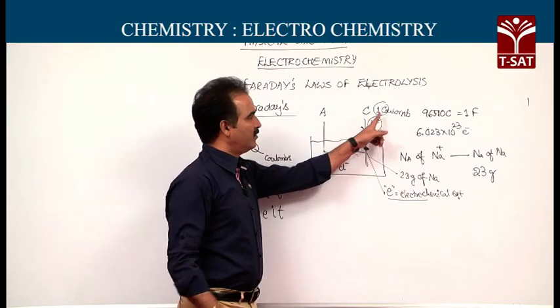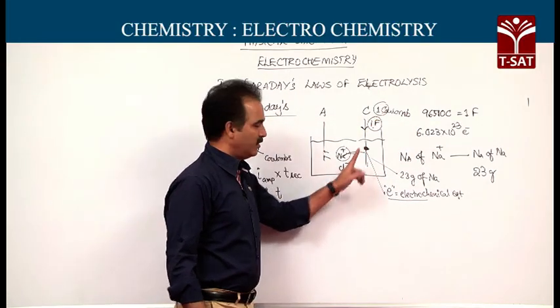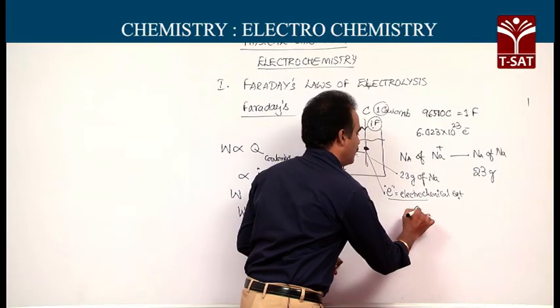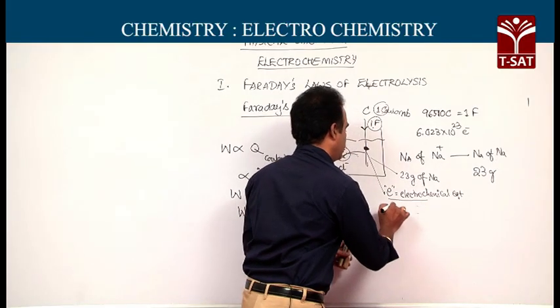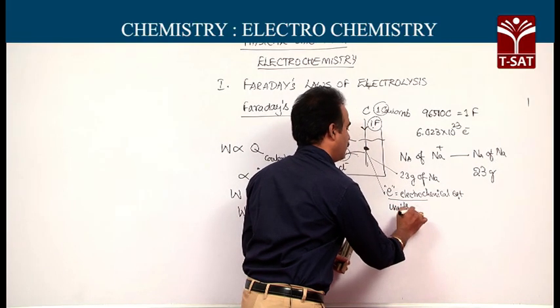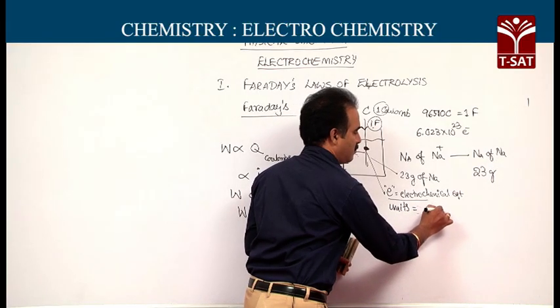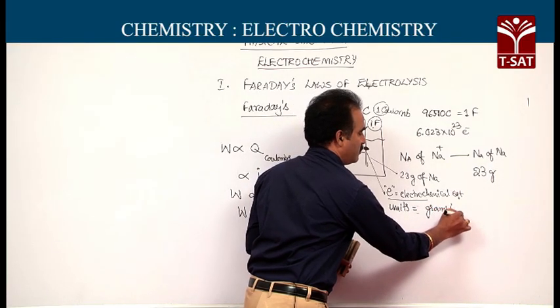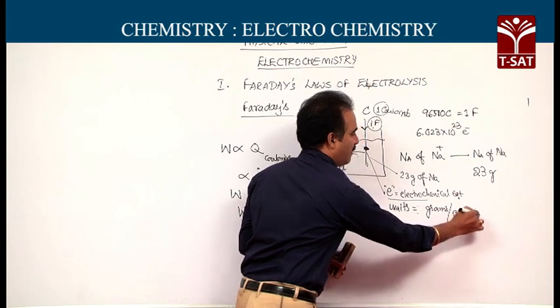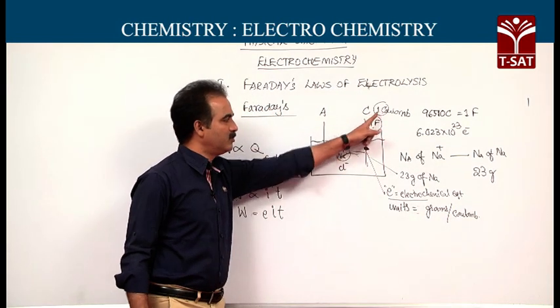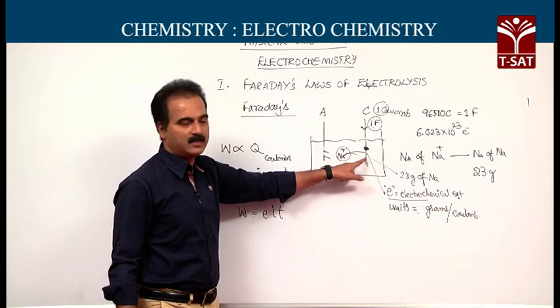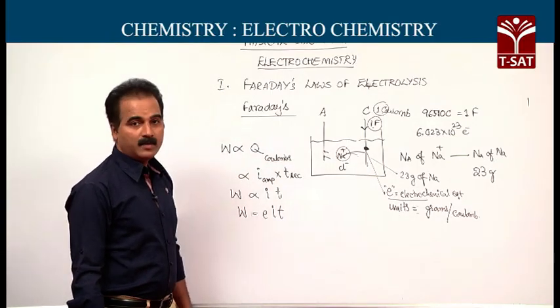Its units are grams per coulomb. So, how many coulombs you are sending and how many grams are depositing, that is called the electrochemical equivalent.